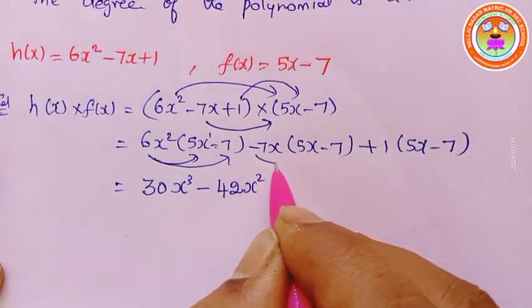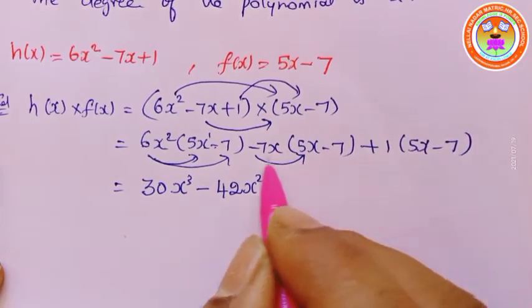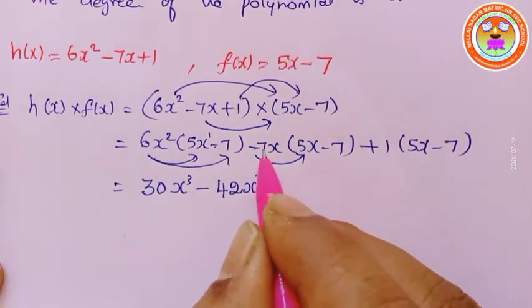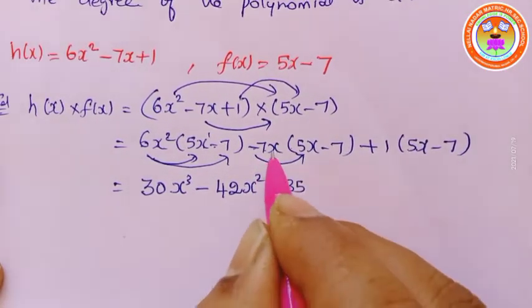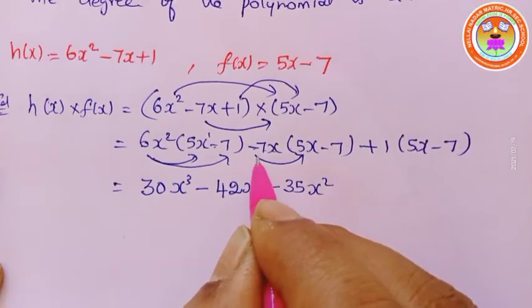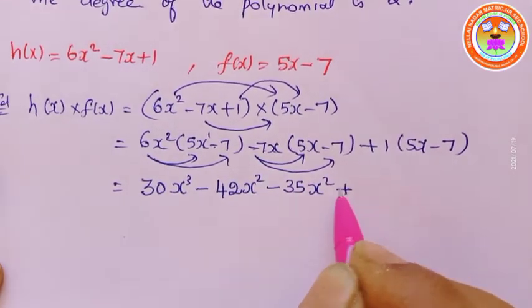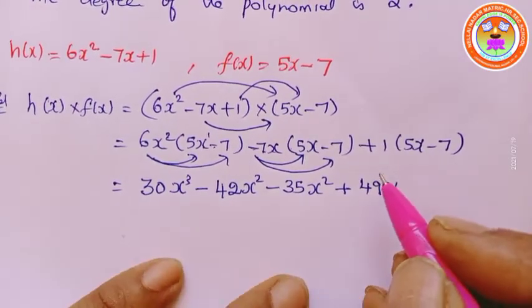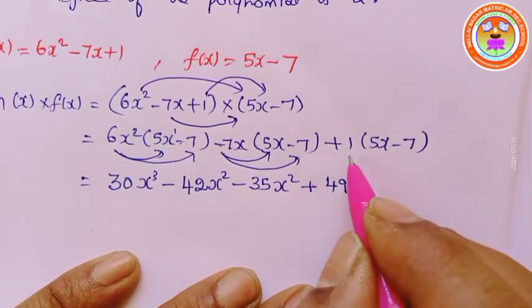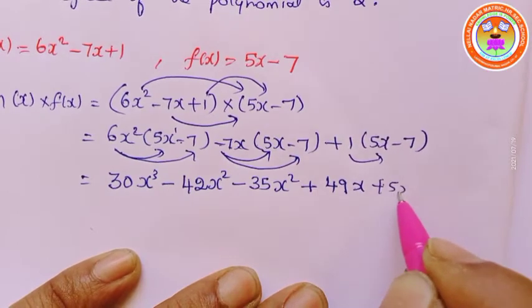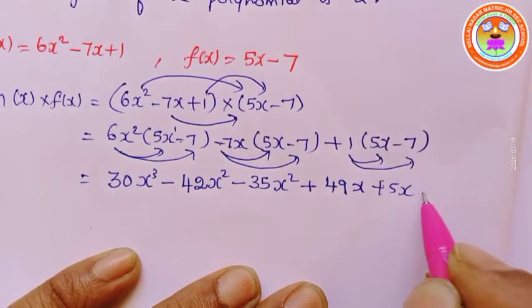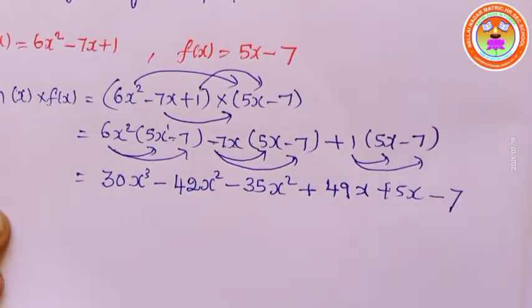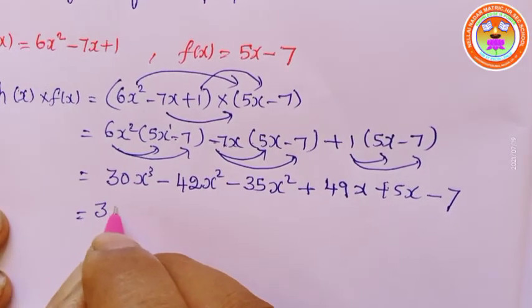Next minus 7x into 5x, minus into plus is minus, 7 5s are 35, x into x, x squared. Again minus into minus is plus, 7 7s are 49x. Again plus 1 into 5x is plus 5x, plus into minus is minus, 1 into 7 is 7. It's clear students.